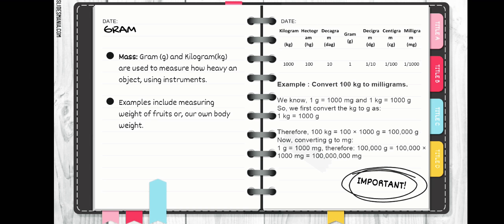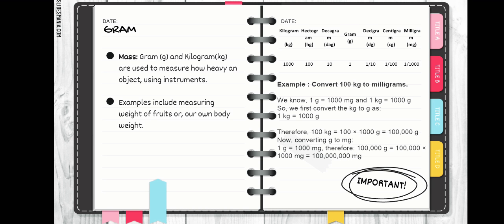100,000. Now converting gram to milligram. So 1 gram is equivalent to 1000 milligrams. Therefore, 100,000 grams times 1000, which is the ratio from the conversion table, is equal to 100 million milligrams.